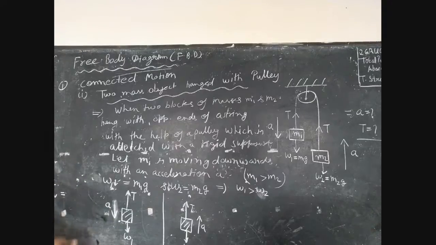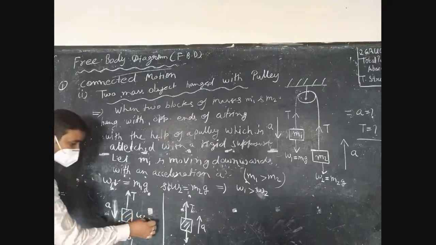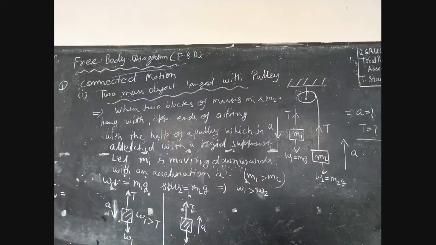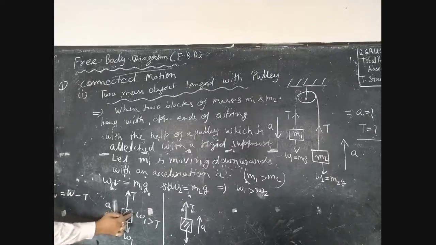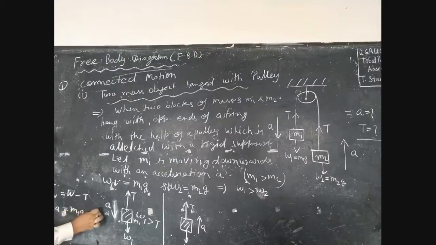You will get from here that W1 is greater than tension. So the net force is equal to W minus T. That is why this W moves down. By using the acceleration and its mass m1, we get m1a equals m1g minus T. Let's say equation first.